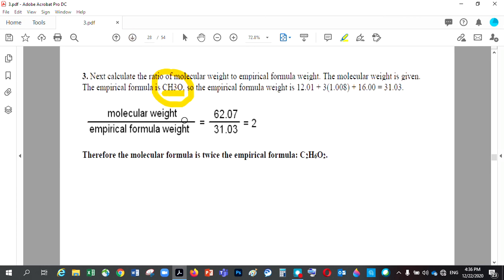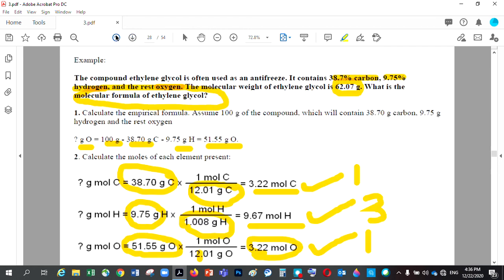So the molar mass of the whole molecule compared with the empirical formula: the empirical molar mass is 1 carbon plus 3 hydrogens plus 1 oxygen, which makes 31.03. So you divide 62, which came from the question here.